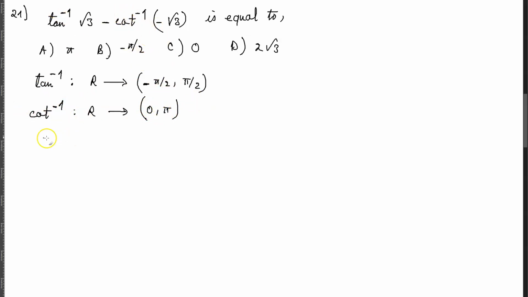Now if I want to calculate the tan inverse of square root of 3, if I write this as y, then tan of y is equal to square root of 3, and also y has to belong to the interval negative pi by 2 to pi by 2. So that is one thing.